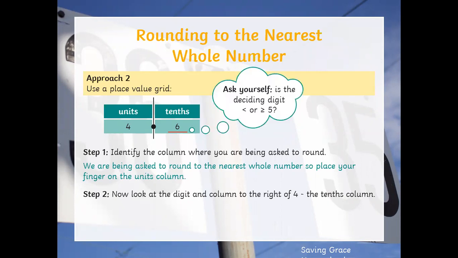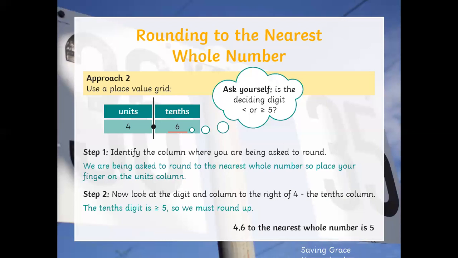Ask yourself, is this deciding digit smaller than 5, or bigger than or equal to 5? Obviously 6 is bigger, so it must be rounded up, and it will become 5. This looks a little bit more technical, but it's a lot easier than drawing a whole picture.